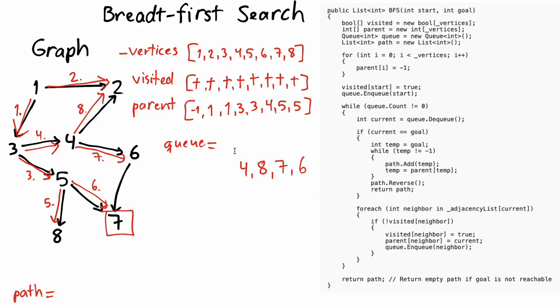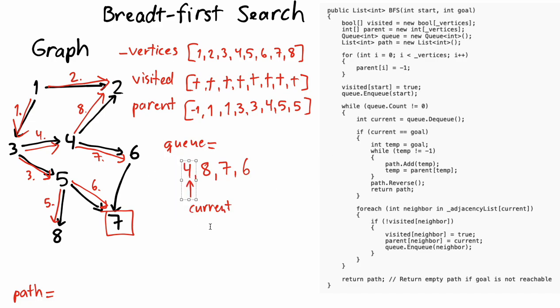So let's move this GUI a little bit. So now we have been in this current, and we have checked all its neighbors 6 and 2, and everything here is done.